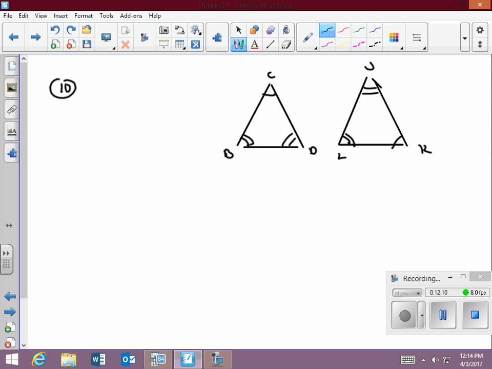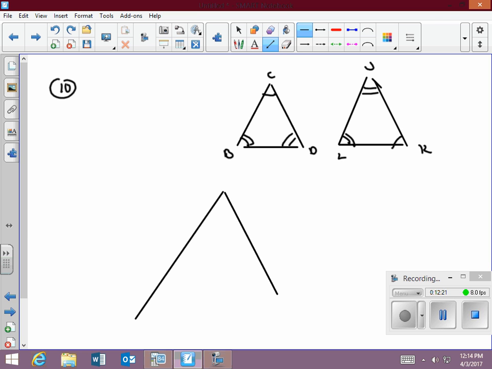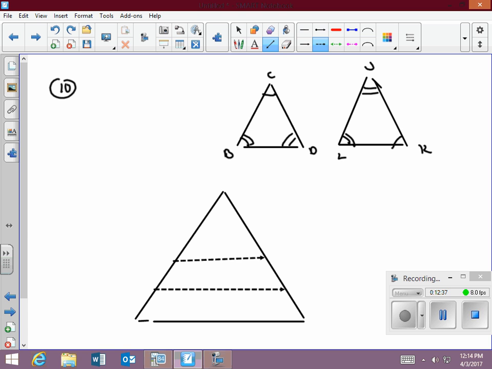Basically, it doesn't show congruency, because it could be a much larger triangle. It doesn't account for the sides. This is how you can show it: if you make parallel lines to that base, you can show that this angle and this angle, and this one and this one, are the same, but they're not congruent.